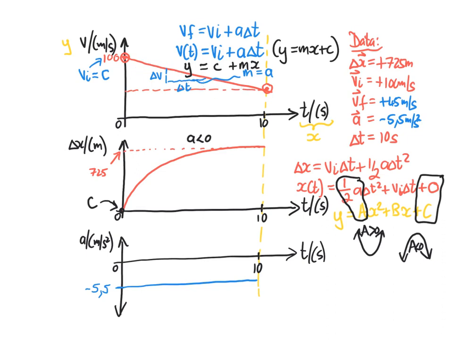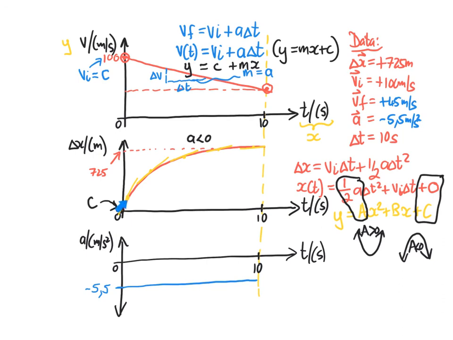So too, the gradient of the position versus time graph gives us the velocity. We'll delve more into this at a later stage, but if we look at the gradient of the position time graph as we move along, we find that albeit it is positive, it's becoming less steep.